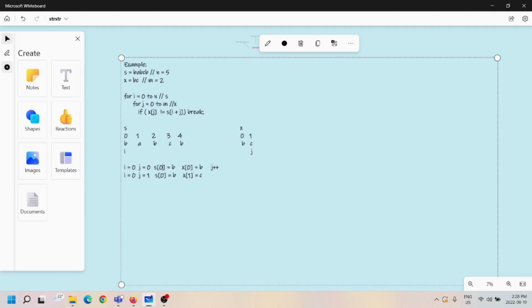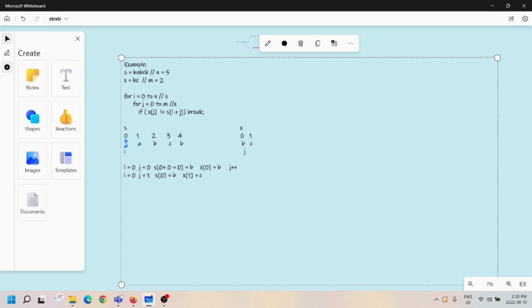So first of all, in the first go itself, when I and J both are 0, then S is going to be I plus J, which means 0 plus 0, which is the same 0. So there is no change in the S position. So we are taking B position.